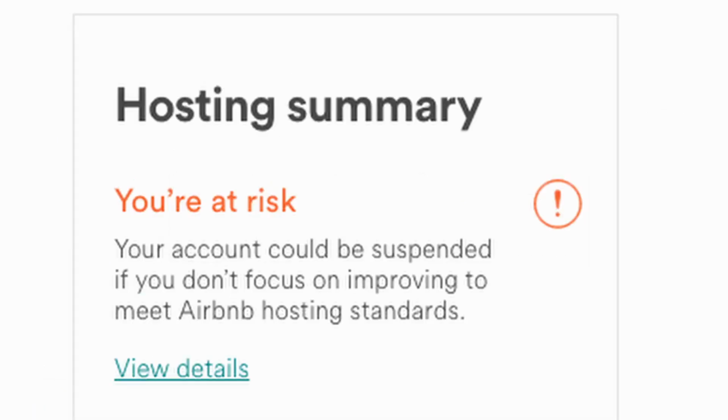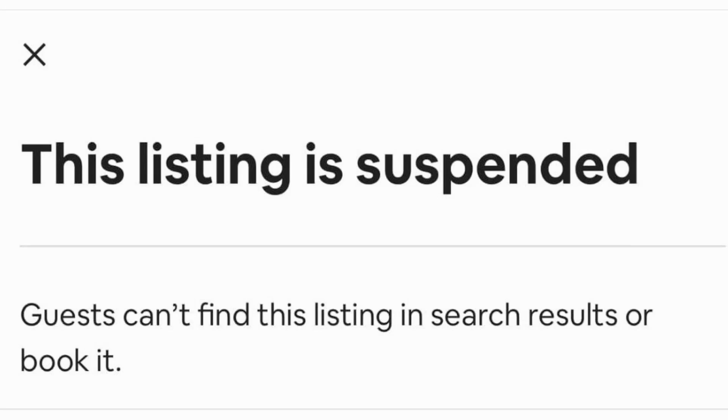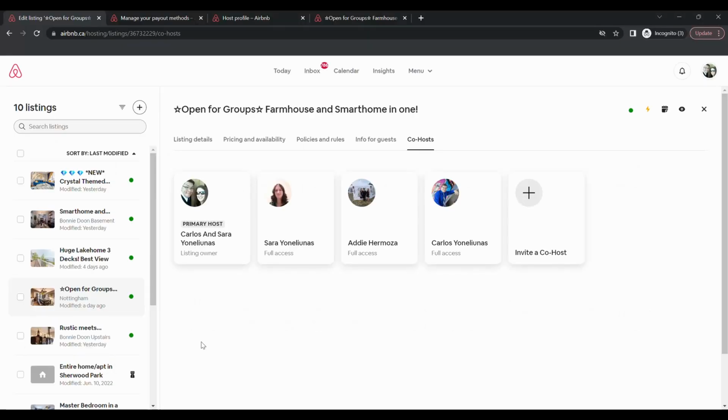If you say something that sounds sketchy or that they don't agree with, they will suspend your account. You don't want this to happen to an account that has listings, because all those listings will get suspended. So you set it up with an admin account that has the listings on it, and then you have various co-hosts, people who are able to assist with the property itself.